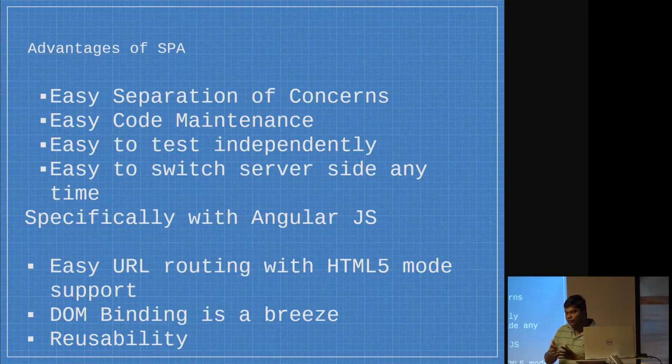As I will be showing you, with a single page application you will be dealing with JSON data, wherein your view gets loaded at the first call, and then your data interaction between your client and your server happens through JSON. So at any point of time, you can completely replace your server side. Like you may start with PHP. Let's say you're starting a new project. You want to prototype something really fast, and you don't want to get into the hassles of build and deployment using a .NET server.